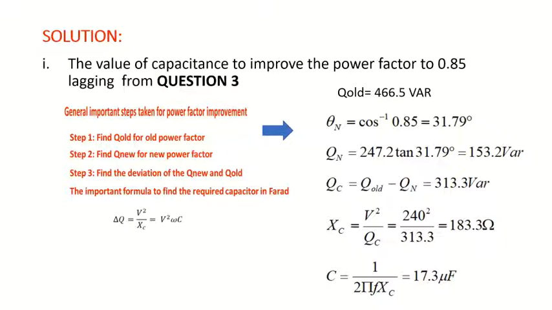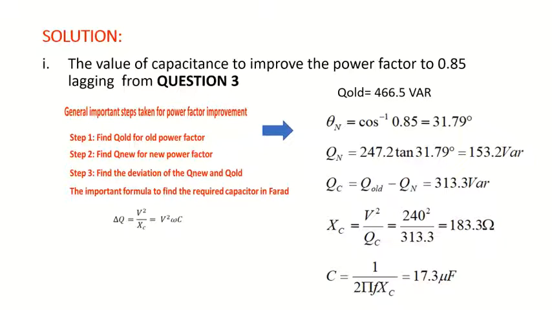Then use the formula Q equal to V squared divided by XC, which is equivalent to V squared times omega C. Put all the related values into this equation, XC equals V squared divided by QC, so you get XC equivalent to 183.3 ohms.